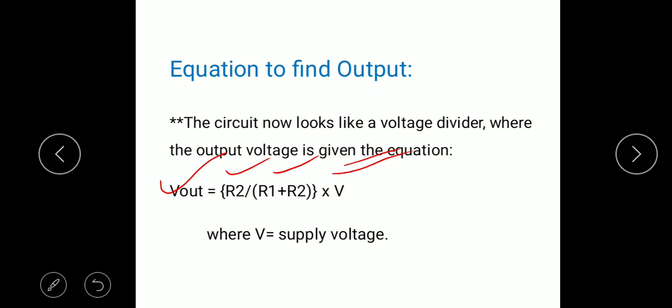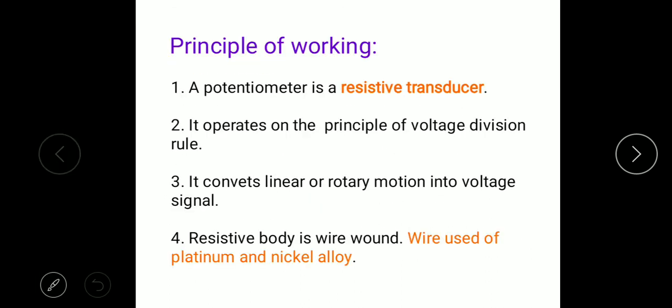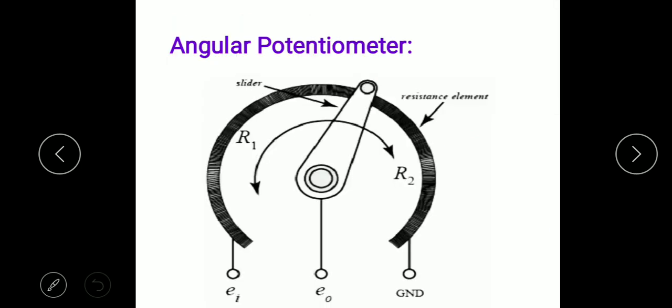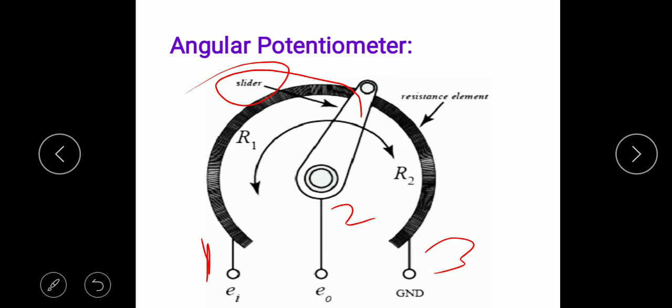The same case is in the angular potentiometer also. So this is the linear potentiometer, and the angular potentiometer has the same construction. You can see this portion is the slider, or you can call it a wiper. This terminal is the first terminal, this one will be the third terminal, and the wiper is connected to the second terminal.